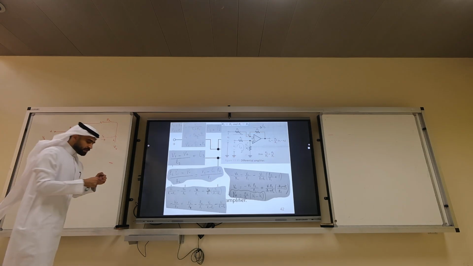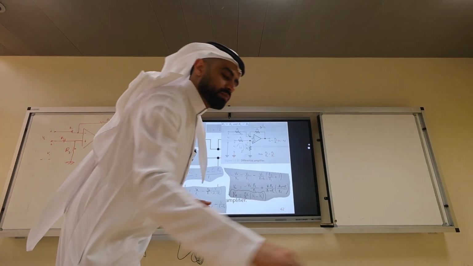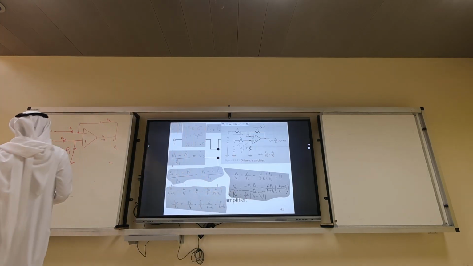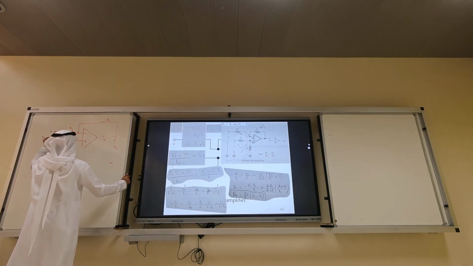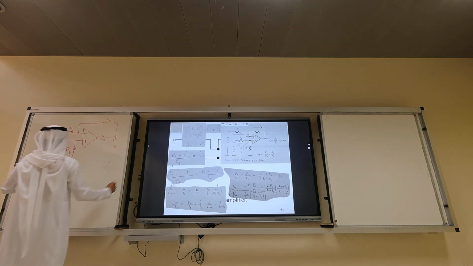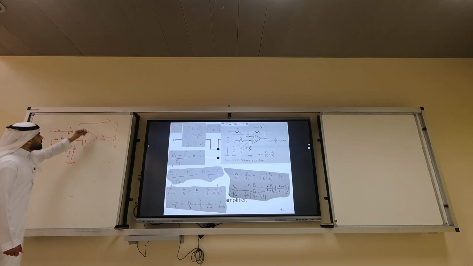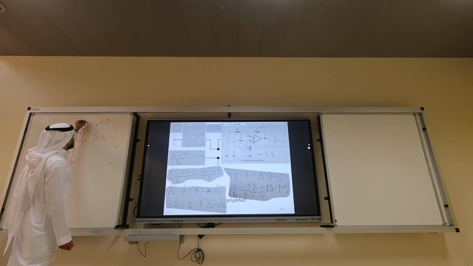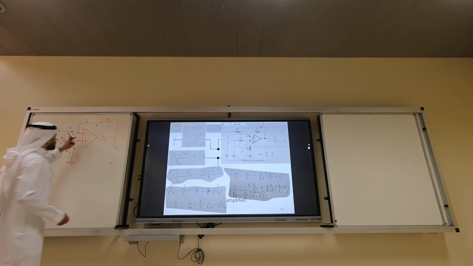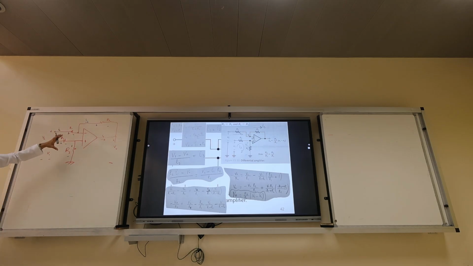So we are professionals. Let's put the signals. Here we have I1, right? Plus minus. Here we have I2, plus minus, and here we have I3. Do we have a negative feedback? Yes. So we have SPC, summing point constraints. So the voltage here is the same as the voltage here.